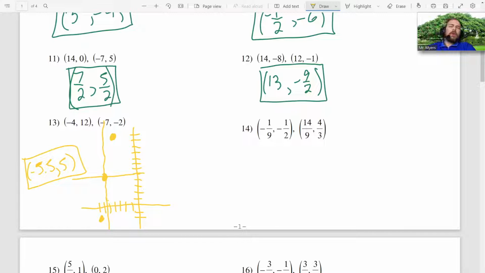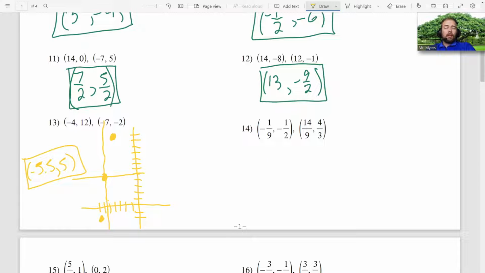All right, so again, this would be a good method if you have nice numbers and they're not too far apart, so that way you can graph them pretty well, and they're not too big. So graphing is good, especially if you would prefer to see the answer and do less math. It's a way to do less math, basically.